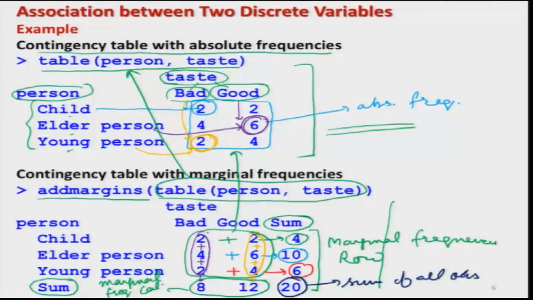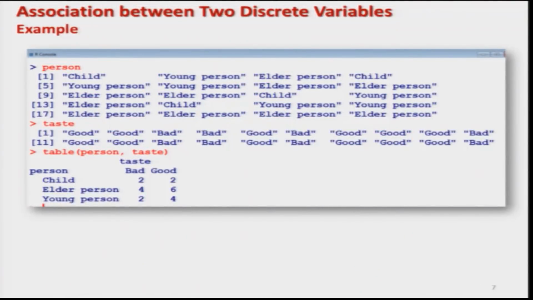Which frequencies? 2 plus 2 plus 4 plus 6 plus 2 plus 4, which is equal to 20. So this is how we obtain the table with marginal frequencies. Now this is the screenshot which shows how I have obtained it on the R console.